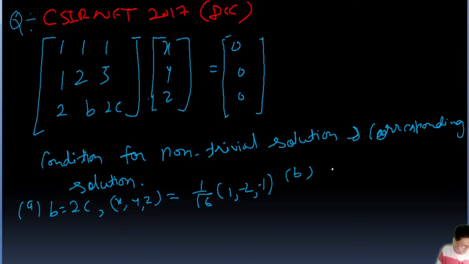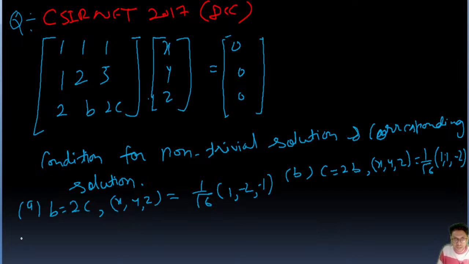Option B is C equal to 2B and XYZ equal to 1 upon root 6, 1, 1, minus 2. Okay.